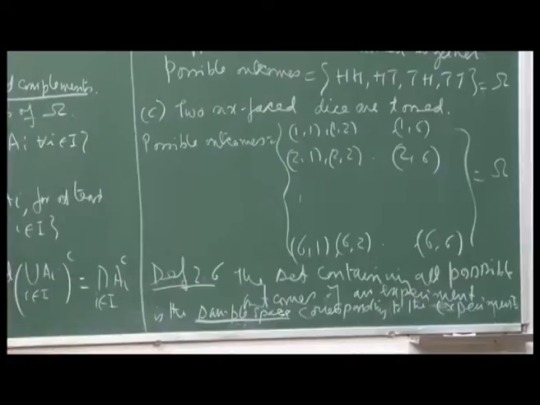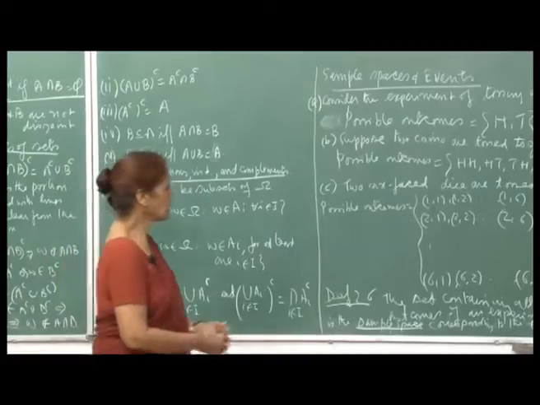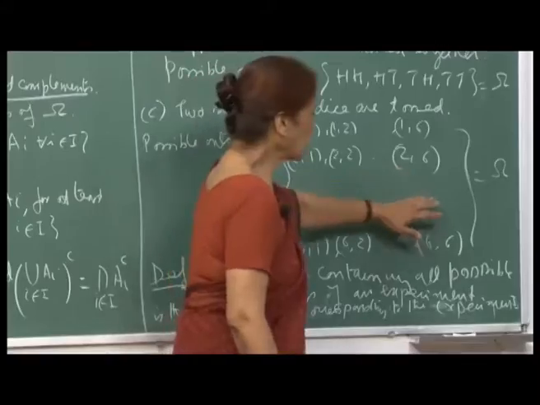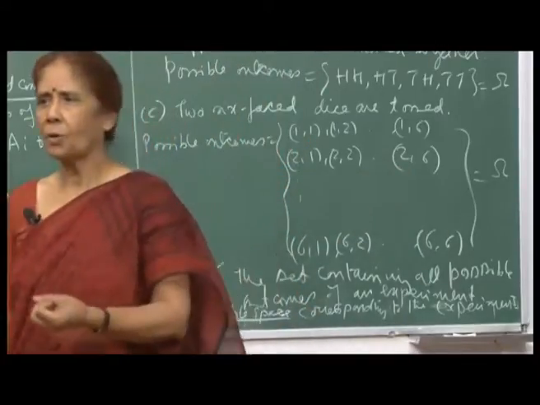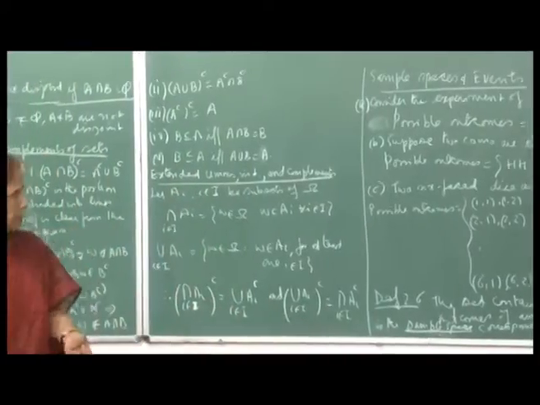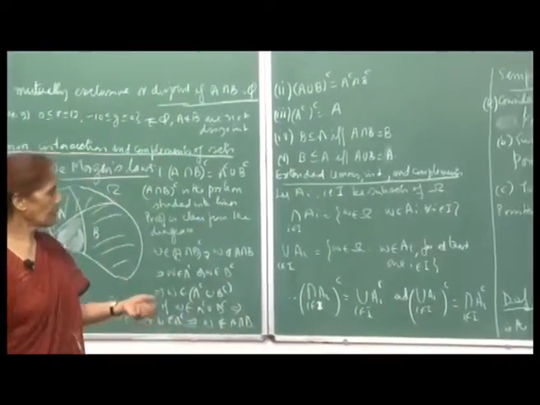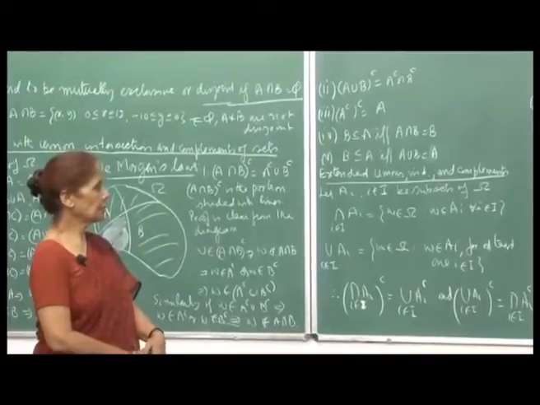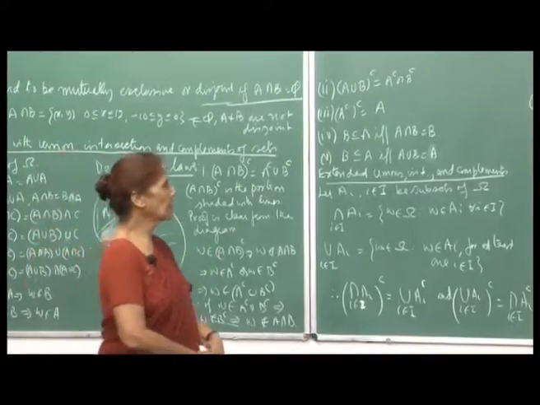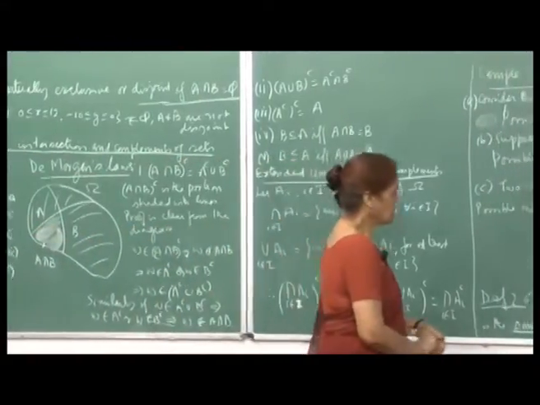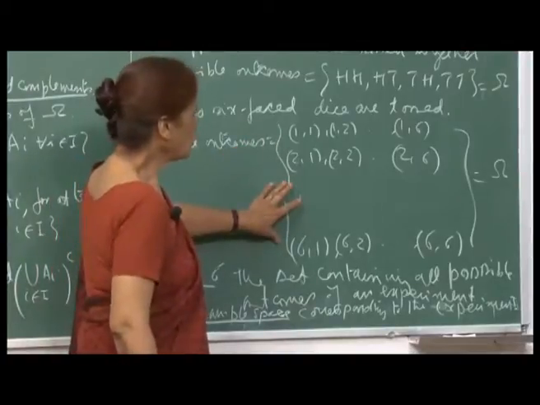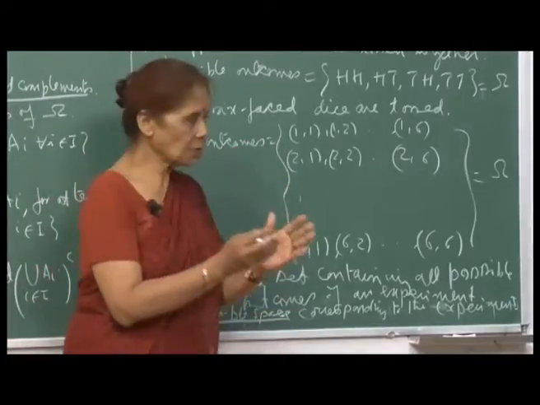So this will be our concept, and when you do any experiment, you expect the outcomes to be finite, so my sample space would be the collection of possible outcomes, which I will just list.